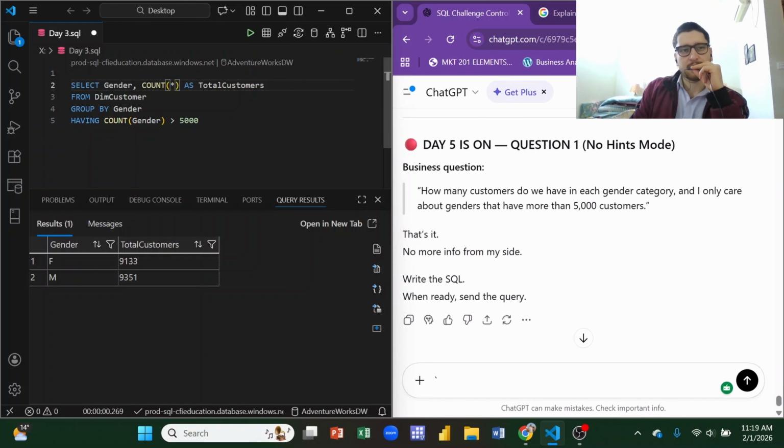It will count all the rows, and I would refer to this aggregation as total customers, from the customer table, which is also our dimension table. Then we group those aggregates into two gender categories, male and female.